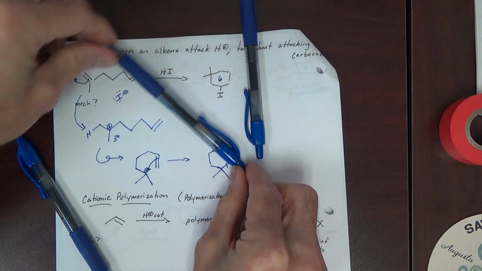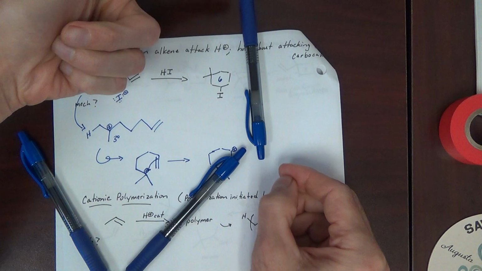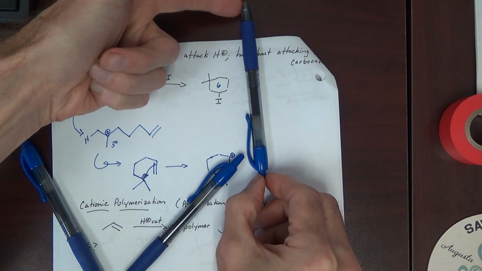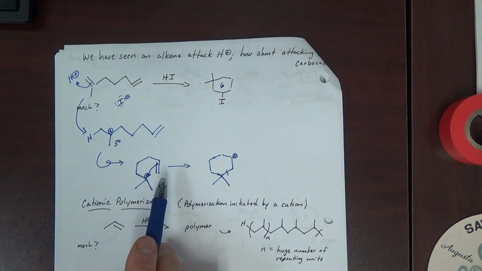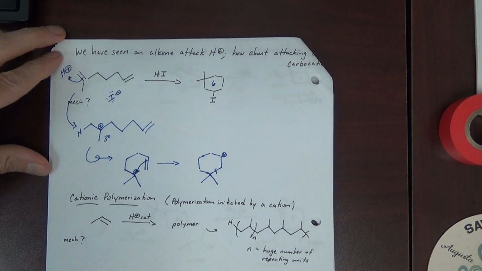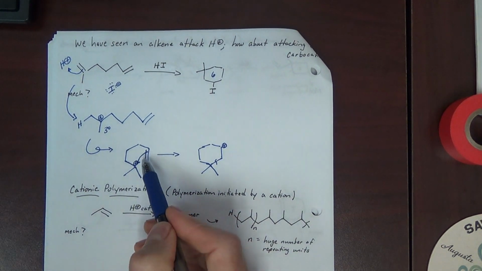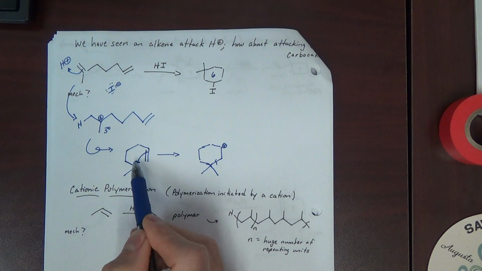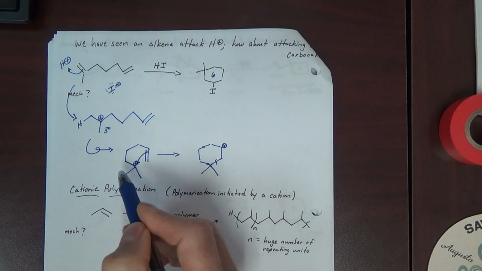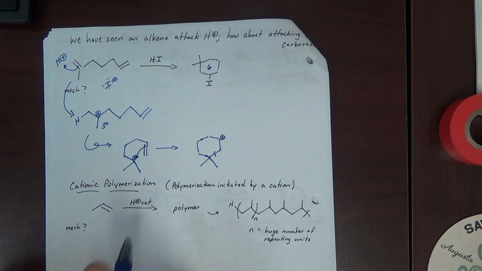This swings down, and now we made this bond, leaving the upper carbon up here positive. So you should be able to envision that. And again, this is just an alkene attacking a positive, but it's a positive carbon, a carbocation. It's also intramolecular, internal.